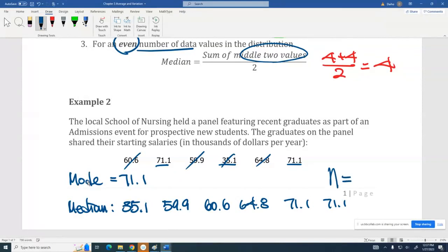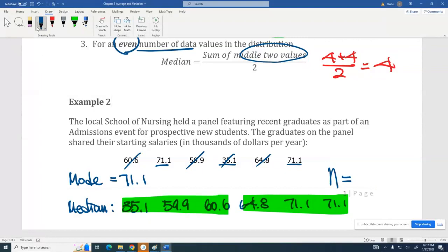How many N? 3 and 3, 6. Even number. Where should the median be? Between 60.6 and 64.8. Please give me the average. Please take the sum, enter, and then divide by 2, please. 62.7.